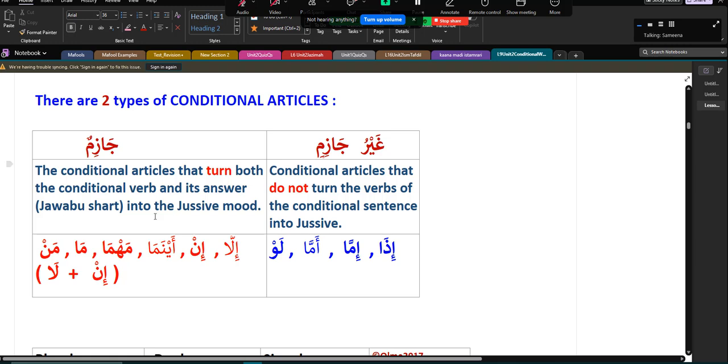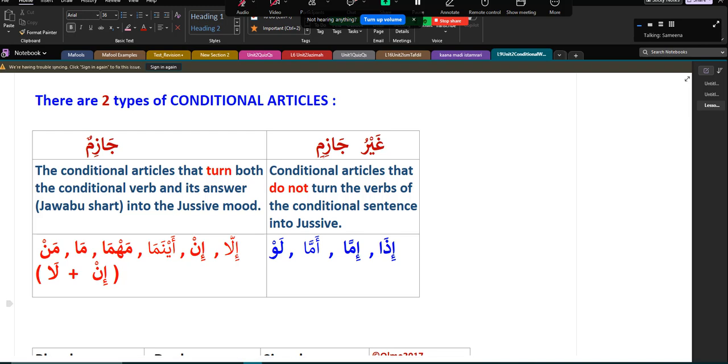So the ones which make the mudari after them majzoom are man, ma, mahma, aynama, in, and illa, that is in plus la. And the ghairu jazim, which do not make the mudari majzoom, are law, amma, imma, and idha. Okay? Can you all repeat after me?